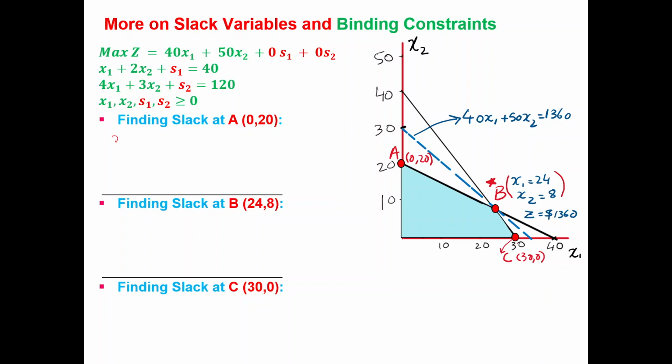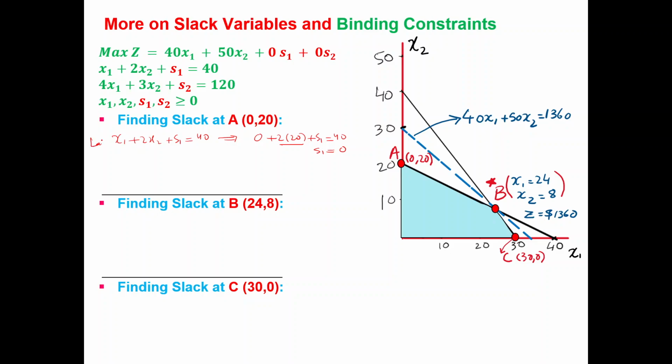The labor constraint is x1 plus 2x2 plus s1 equal to 40. Using the coordinates of A, x1 is 0 and x2 is 20, so 40 plus s1 is equal to 40, meaning s1 is equal to 0.